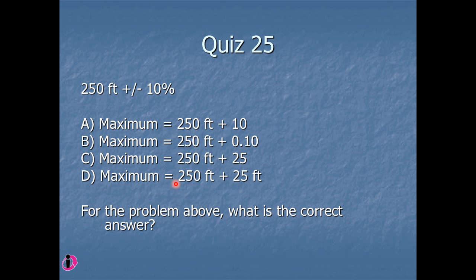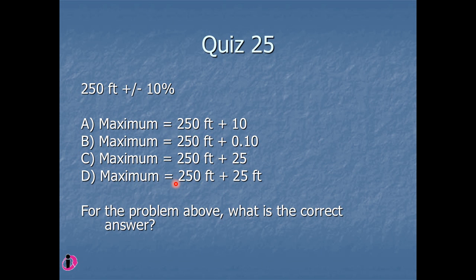250 feet plus minus 10%. What would be the nominal value here? We try to find the nominal value first, because that will be added and subtracted.